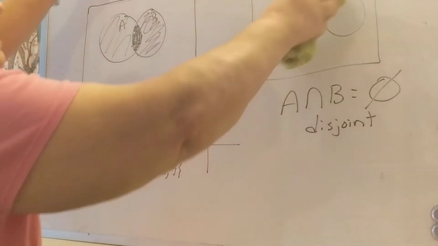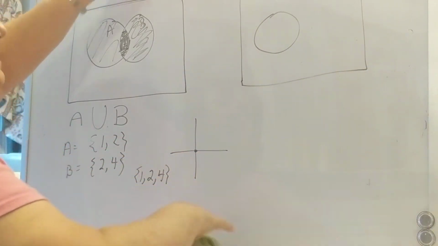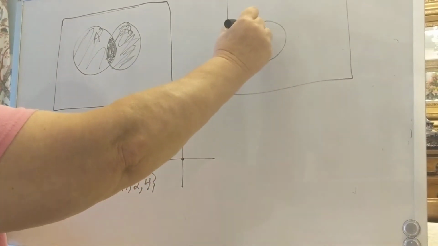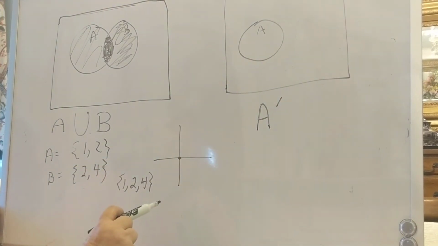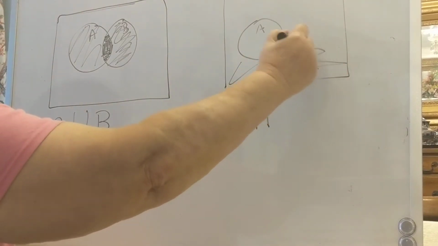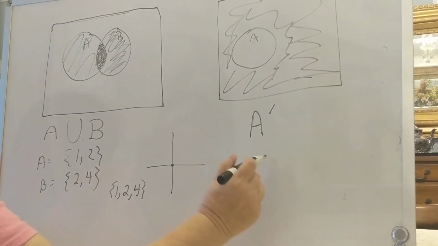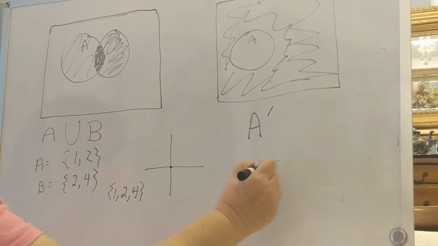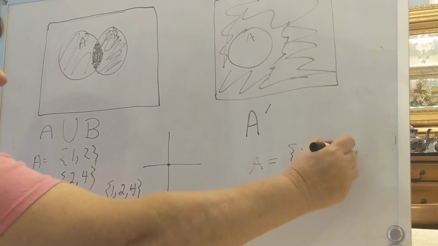Now, one of our other symbols, we'll use just one circle. Let's say this is circle A, and we had this. That's called the complement of A, and that means anything but A. So it would be all this stuff out here. Anything but A. So, let's say A is the set 1, 2, 3. So what's anything but A?